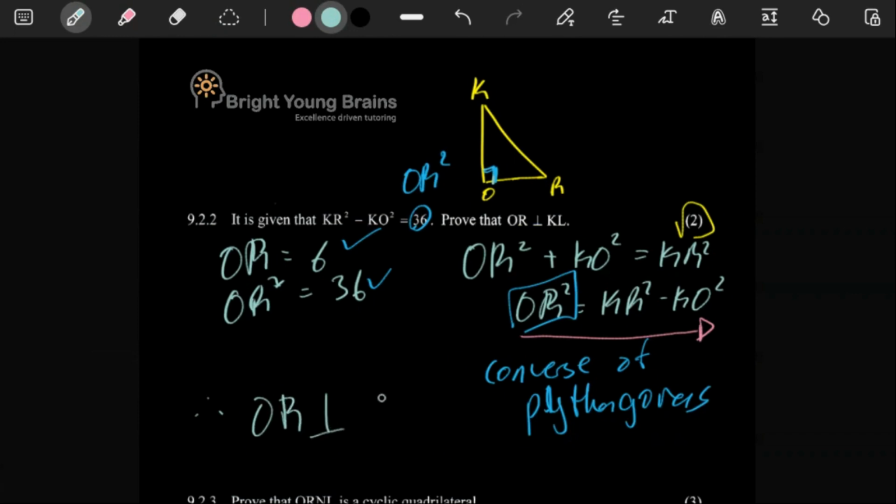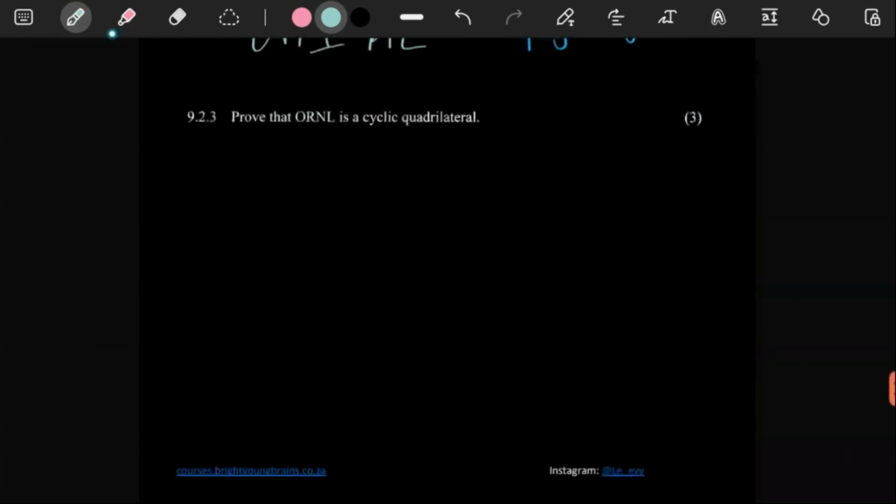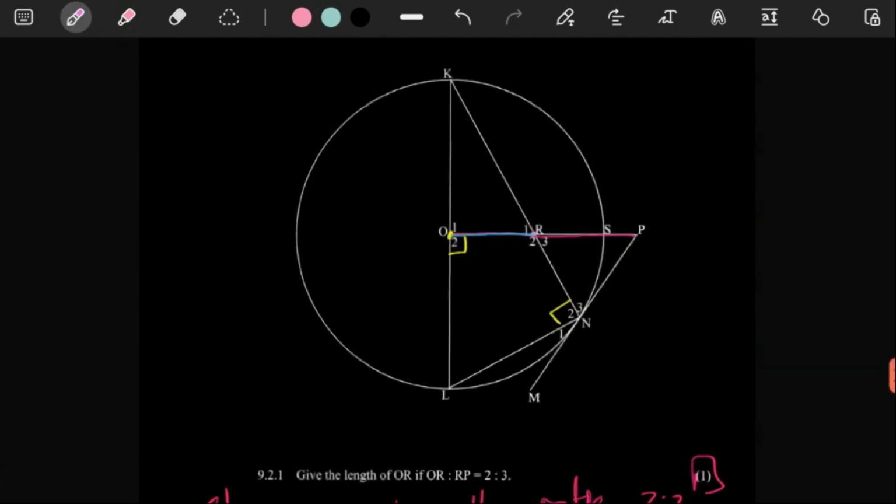Let's keep it moving, because for 3 marks they said prove that OR and L is a cyclic quadrilateral. This one is quite simple because you can already see those 90-degree angles facing each other. Opposite angles of a cyclic quad have to add up to 180, and because these are both 90, we're good to go.